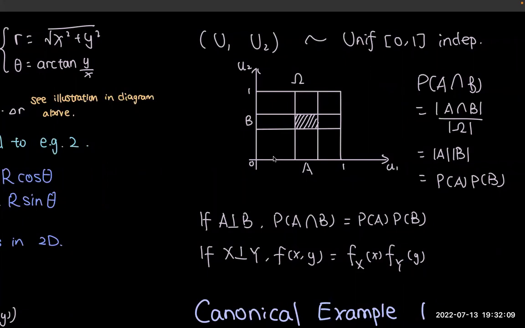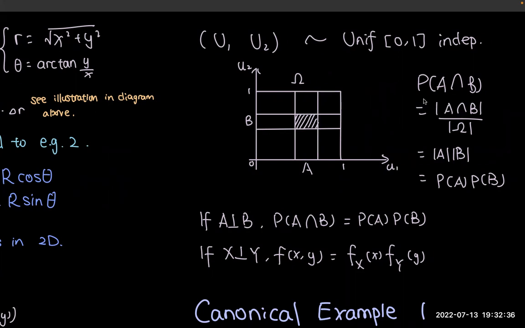So that's the independence. And under this situation, let's think about the probability that U1 belongs to A and U2 belongs to B. The probability of A and B is that U1, U2, as a coordinate point, belongs to this small rectangle, which is the area of this rectangle. What's the probability that the point belongs to this small rectangle?